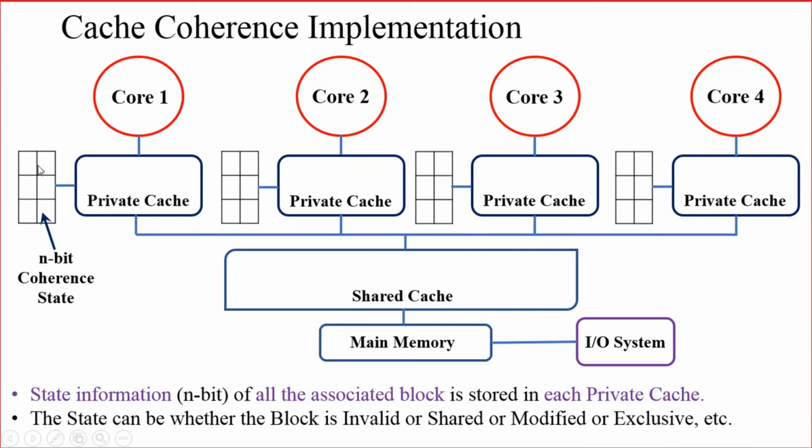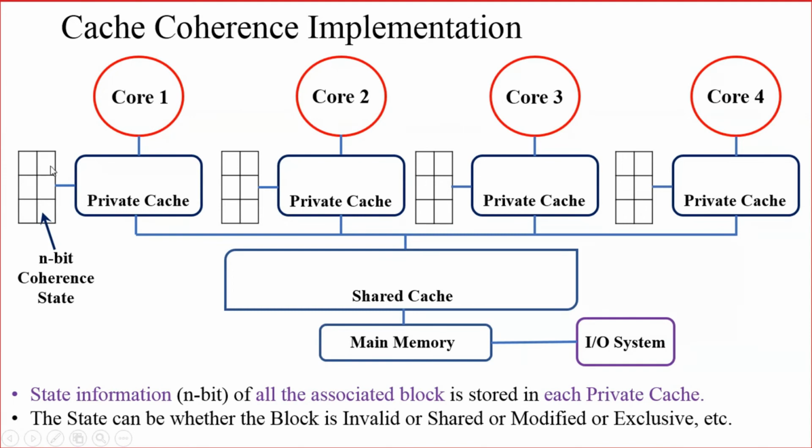So what does the table specify? It specifies the coherence state of that block. If you have a three-state coherence protocol, each block can have three states, for example invalid state, shared state, or exclusive state. How will you identify which block is in which state? You can read from this table.